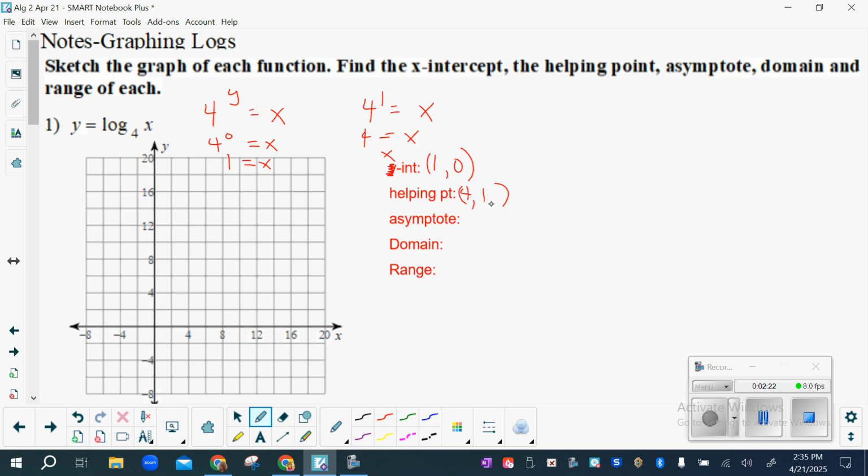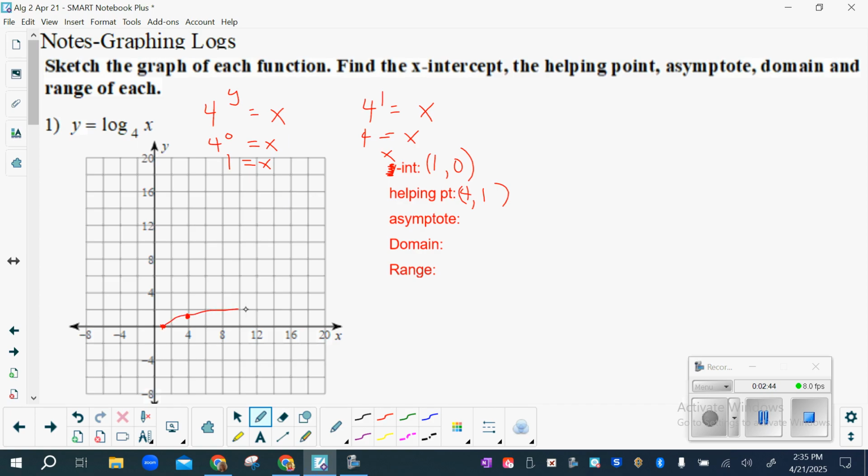Does that make sense? So now I have 1, 0 and 4, 1. And if I now put a 2 in there, I get 16.